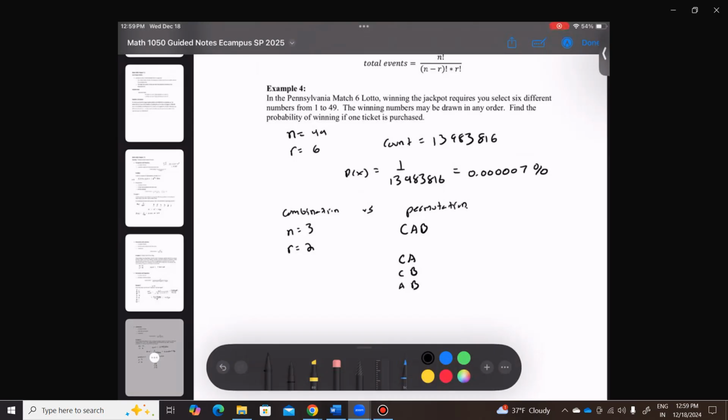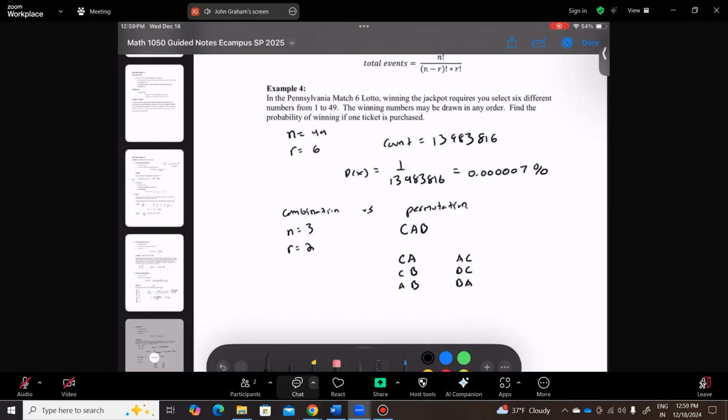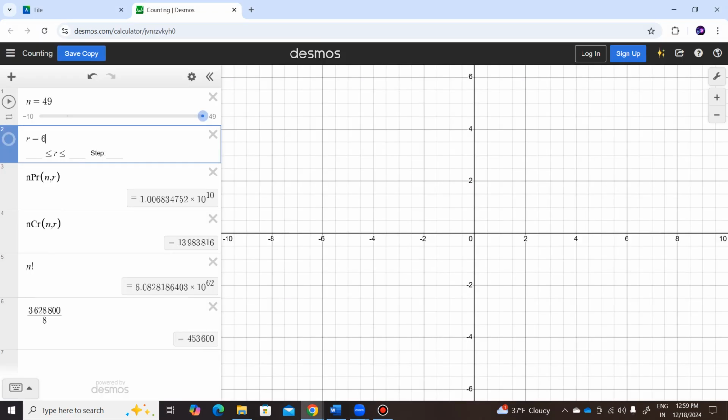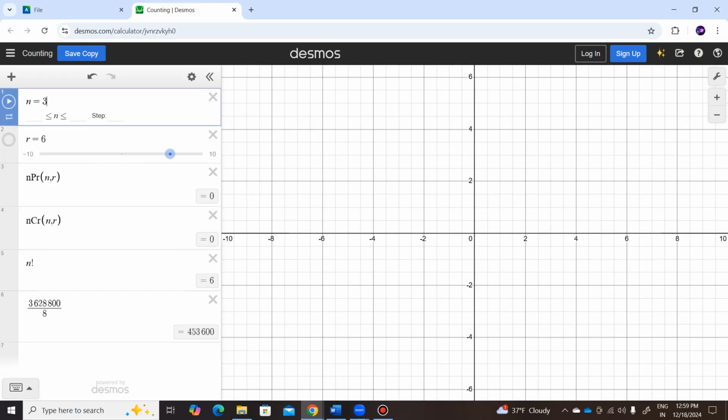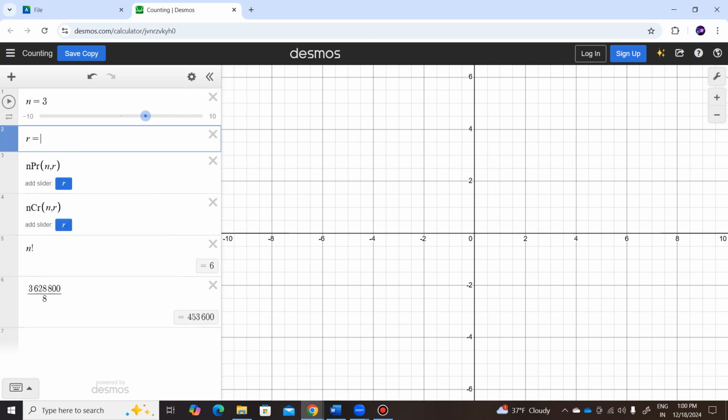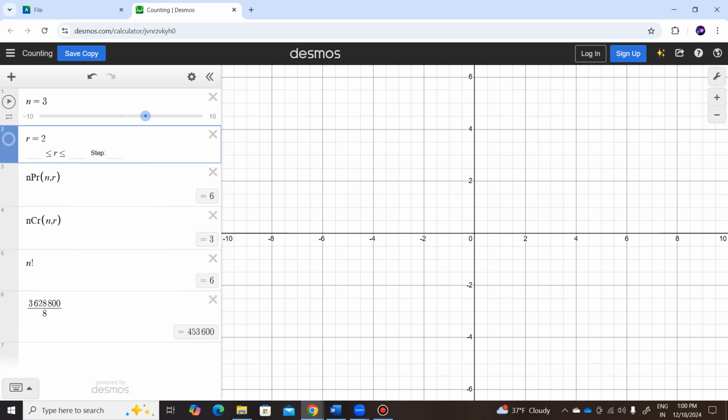We can select AC, we can select BC, and we can select BA. Okay, if we look on our Desmos calculator, we have 3 numbers, a selection of 2, and so we see permutation is 6, combination is 3.